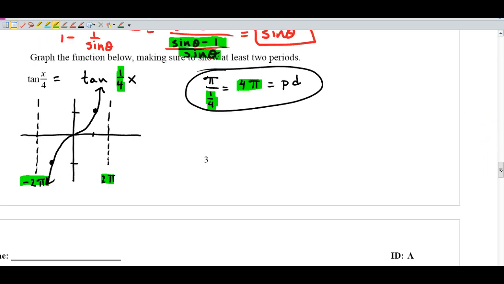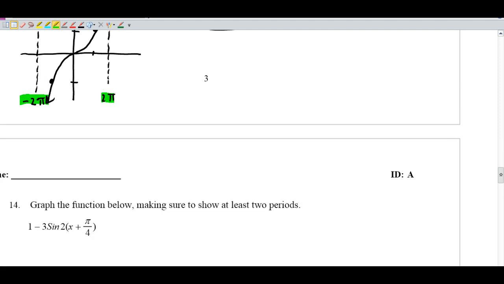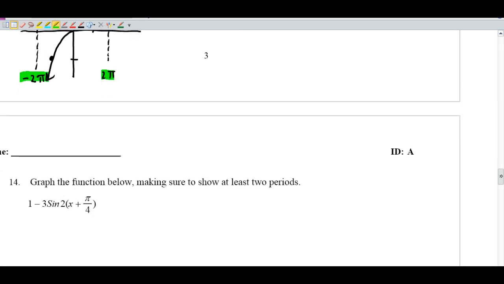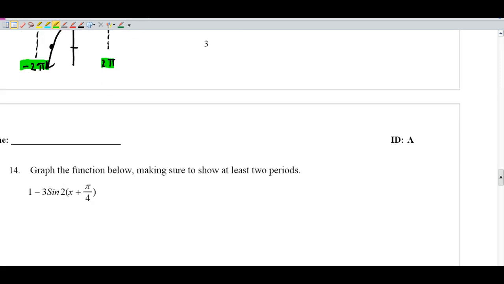Okay, moving on to the last graph, which is 1 minus 3 times the sine of 2 times x plus pi over 4. There's a couple things going on here, well, more than a couple. So first of all, let's figure out our period of this function and our amplitude and shifts and those kinds of things. So this graph has a period of pi.